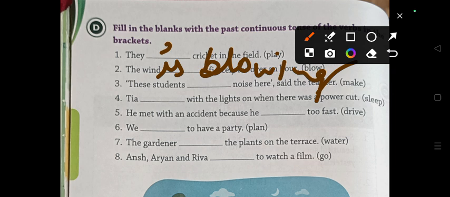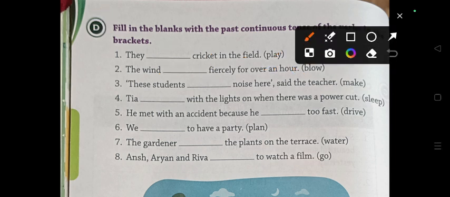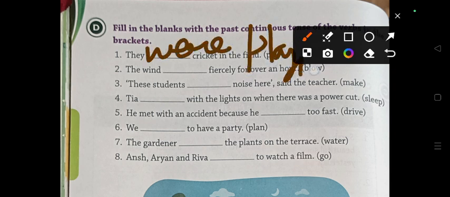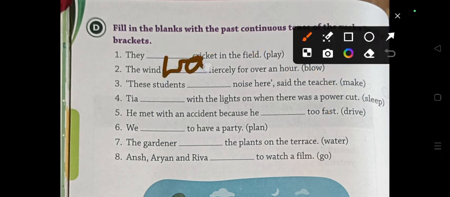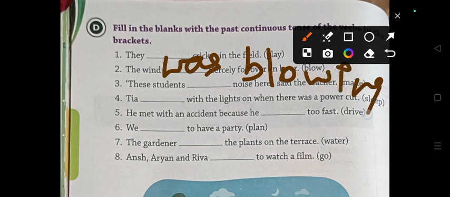These students, one second, wait, they were, here we will put were and they were playing. And here the wind was, because we are making past tense, so the wind was blowing.